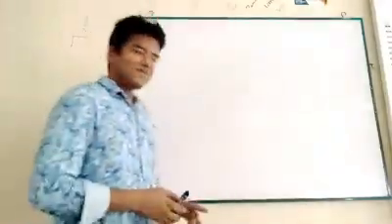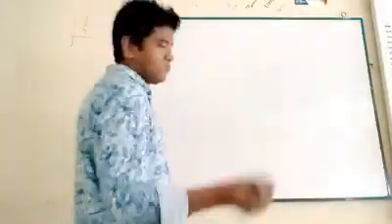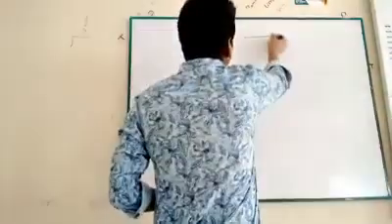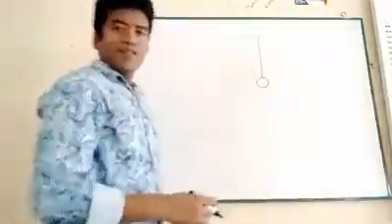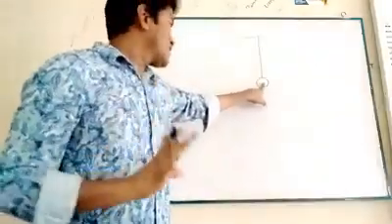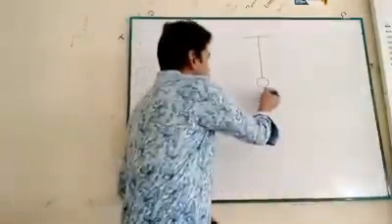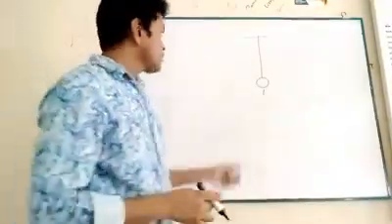Okay, now we have to draw a simple pendulum. So very easy. It's a simple pendulum. It has a ball, as mass, and this point is the equilibrium point.